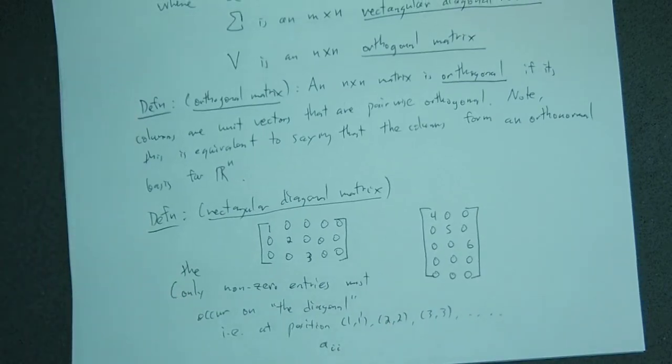Those are the only entries in the matrix that can be non-zero. Doesn't mean that those entries are non-zero. It's just that those are the only places where non-zero entries can happen.